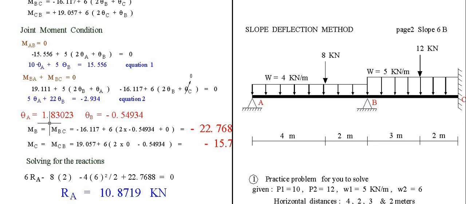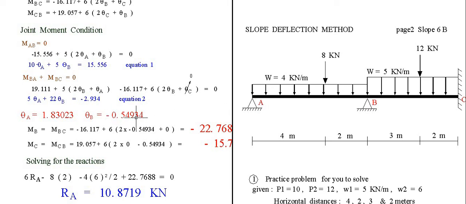Theta A is positive 1.83023. Theta B is minus 0.54934. Now what is the significance of the plus and the minus theta? Theta A is positive, so the inclination surely is in this direction, pointing to the left.